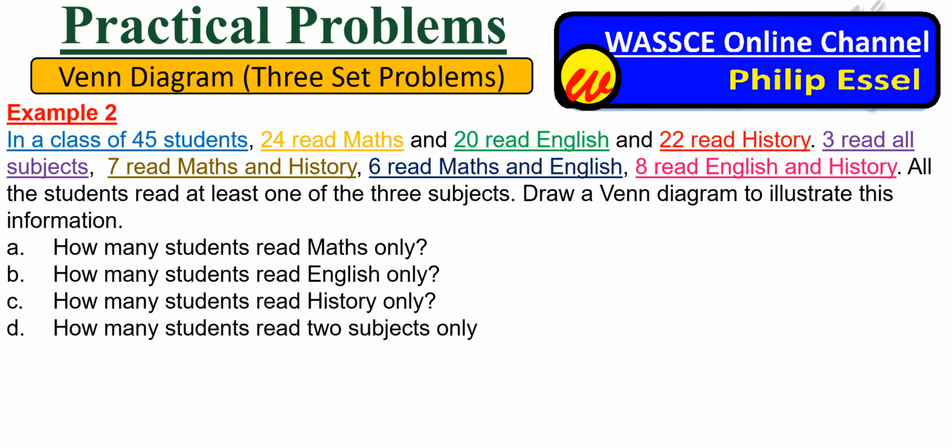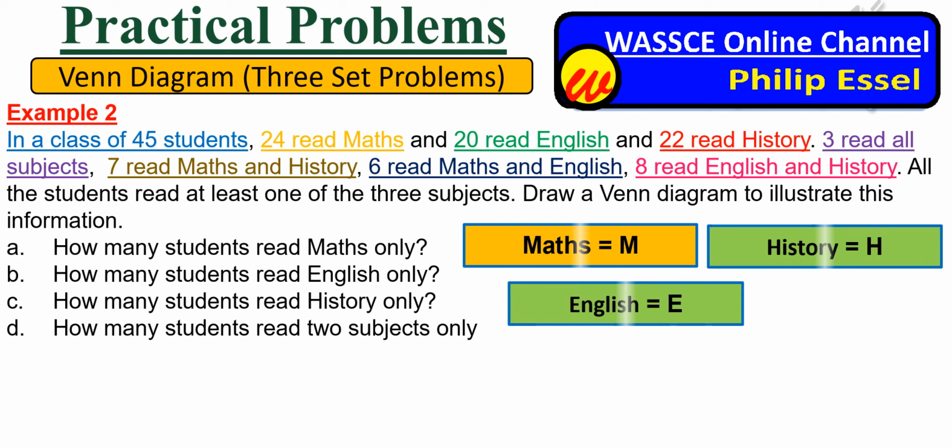In this class, we have 3 main groups of students. We have those that read maths, those that read English, and those that read history. So we would represent maths with capital M, English with capital E, and history with capital H. Again, we are told that in this class there are 45 students.